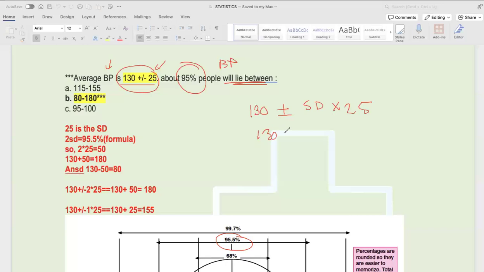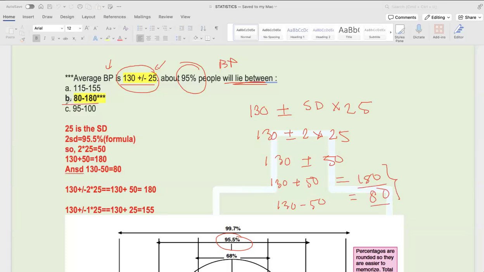So 130 plus minus 2 times 25. 130 plus minus 50. So you can do the math. 130 plus 50 is 180. And then we have 130 minus 50, which is 80. So the range of blood pressure is between 80 to 180. So that's your answer here.